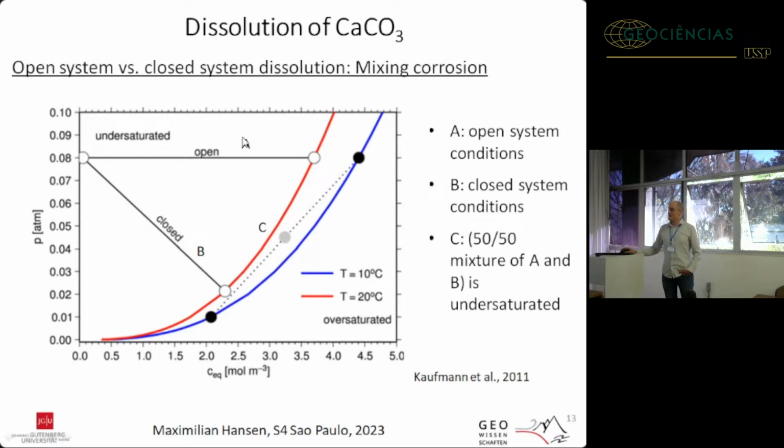Another very important point for the formation of caves is the mixing corrosion. Here is a comparison between an open and closed system again. What you see in this plot is the partial pressure of dissolved CO2 in the solution, plotted against the equilibrium concentration of calcium carbonate, which means what would be the equilibrium concentration if all the CO2 is consumed from the solution.